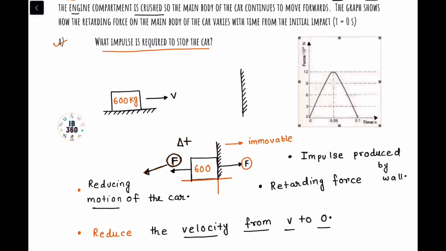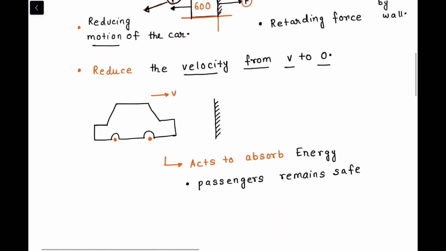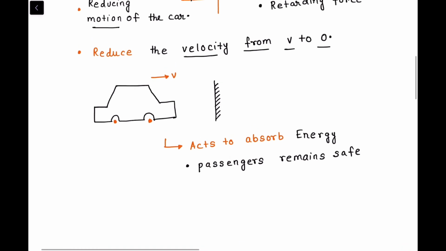So if I just calculate the area of the graph, I'll find the impulse, from the previous video. So from the previous video we know that impulse is F delta t. So delta t is the time that the force acts.